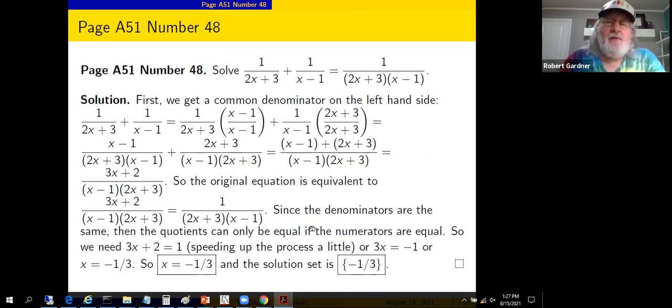So by ignoring the denominators and considering just the numerators being equal, it comes with some details. But be careful, you drop some information. This equation, strictly speaking, is not equivalent to that equation. This equation doesn't say x can't be 1, and this one does.